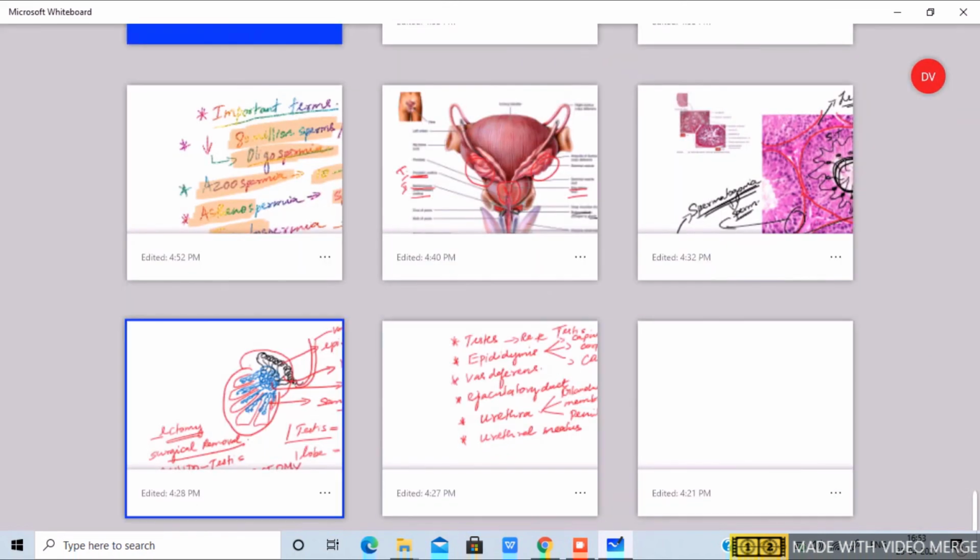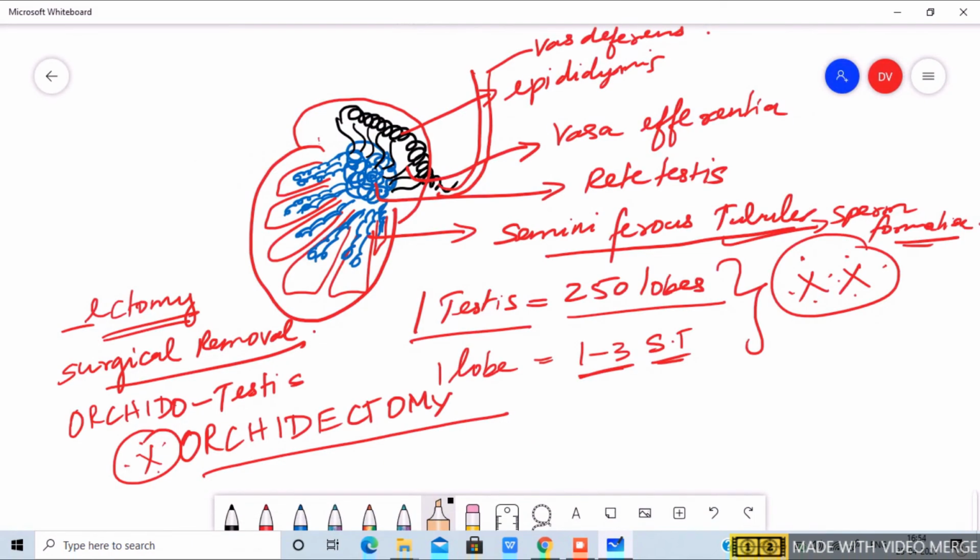Then we talked about the cross section of the testis, how it looks. Each testis has 250 lobes and one lobe has 1 to 3 seminiferous tubules. These seminiferous tubules form the rete testis, that forms the vasa efferentia, the epididymis, and that enters into the vas deferens.